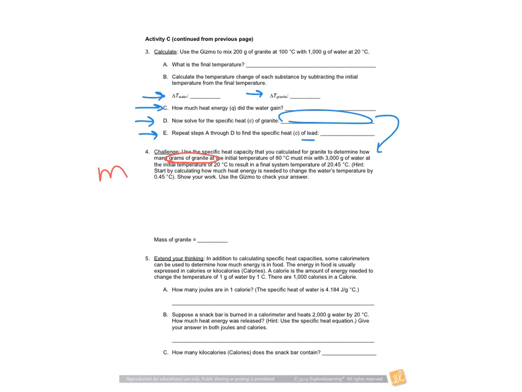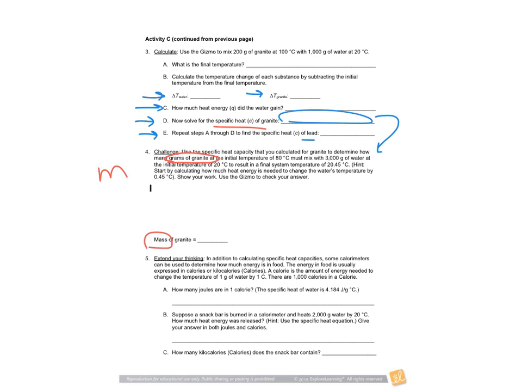The final temperature of the whole system, the water plus the granite, is 20.45 degrees Celsius. You'll do the same calculations as in number 2 and number 3, but instead of solving for the specific heat, you're going to solve for the mass.